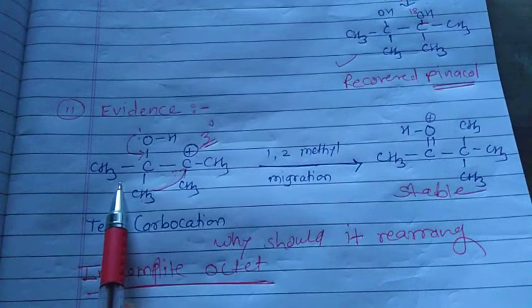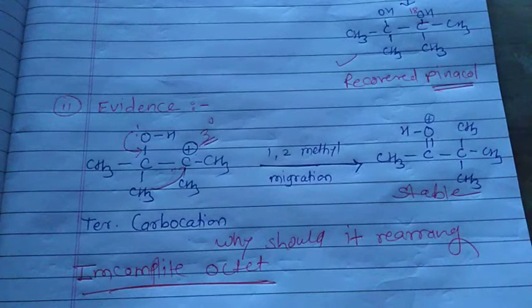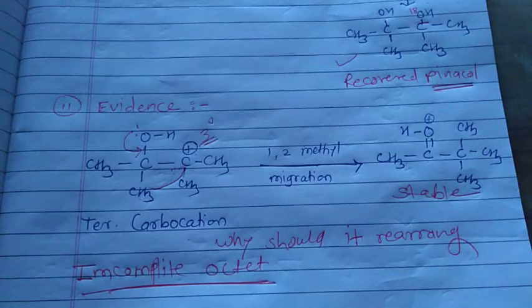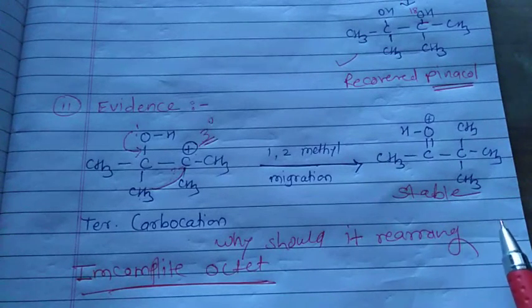Thus stability is the driving force for the rearrangement, and the major driving force for the rearrangement is the energetic advantage of generating a carbonyl group. Whenever the structure is more stable, then only the rearrangement reaction will take place, and there is a formation of the carbonyl group.